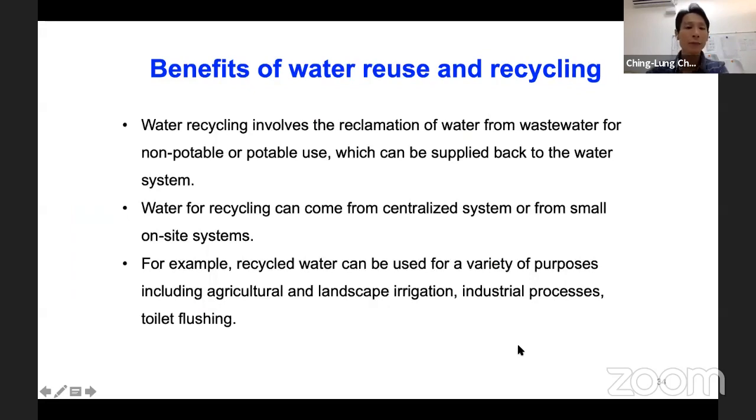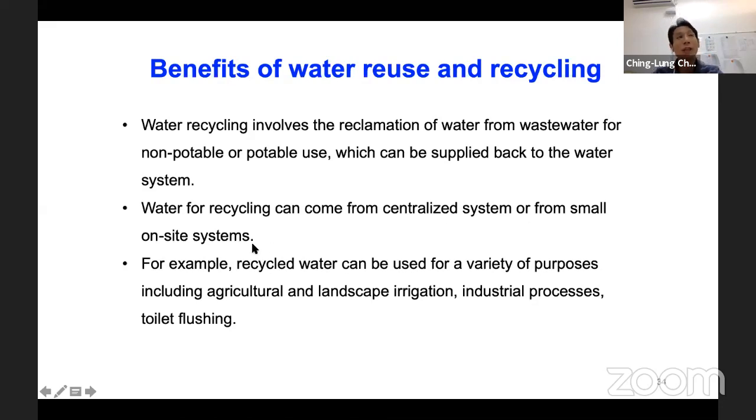Okay, and then water recycling involves the reclamation of water from wastewater for non-potable or potable use, which can be supplied back to the water system. And water for recycling can come from a centralized system or from a small on-site system.